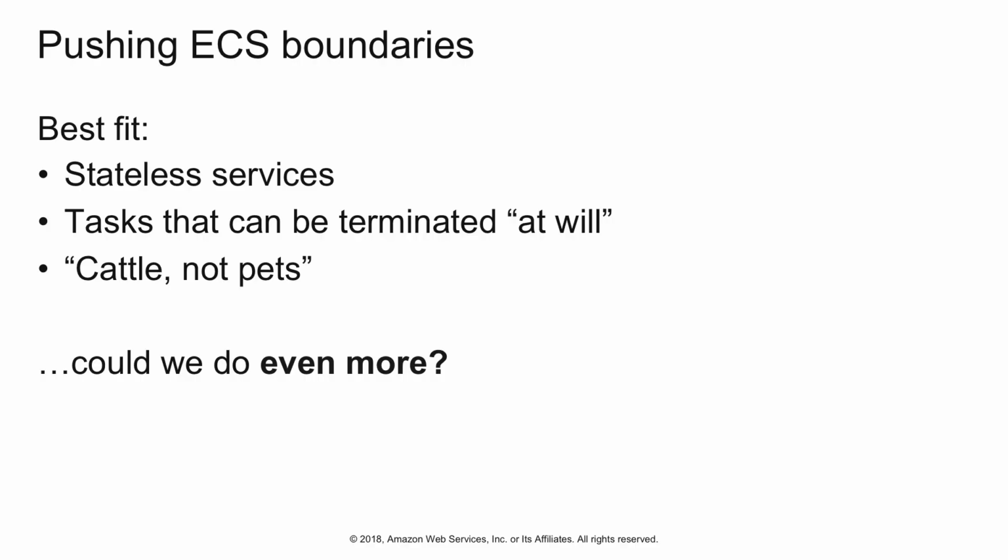AWS provides great storage services like RDS, DynamoDB, S3, Elasticache, and so forth. These are tasks that can generally be terminated at will. So when the scheduler decides, pursuant to an autoscaling rule or deployment, that it needs to terminate a task, it's just going to do it without any user input. And typically your services need to be built such that they can tolerate that.